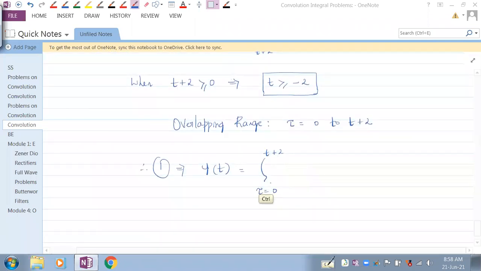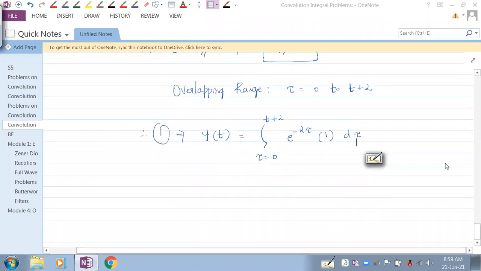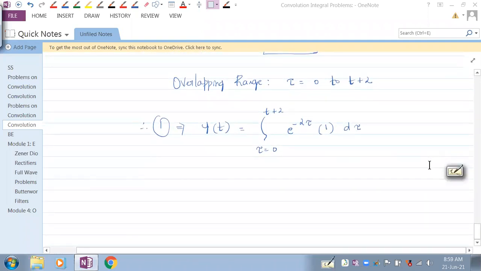So it is e power minus 2 tau into 1. Whatever is the value of those signals in the overlapping range, we need to write that. There is no standard integration, so it is as good as integrating this with respect to tau. After we integrate, we have to apply the integration limits like this.